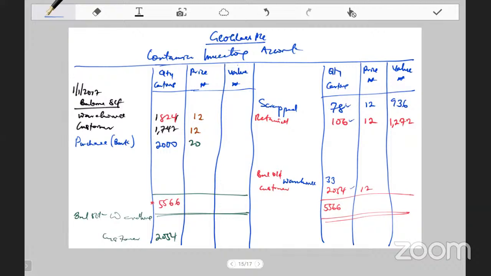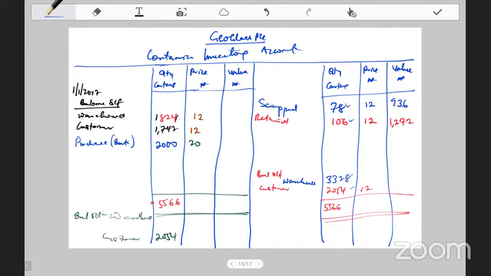I have to subtract all of this to know what is in the warehouse. So how much am I going to have in the warehouse? 3,328. Correct.